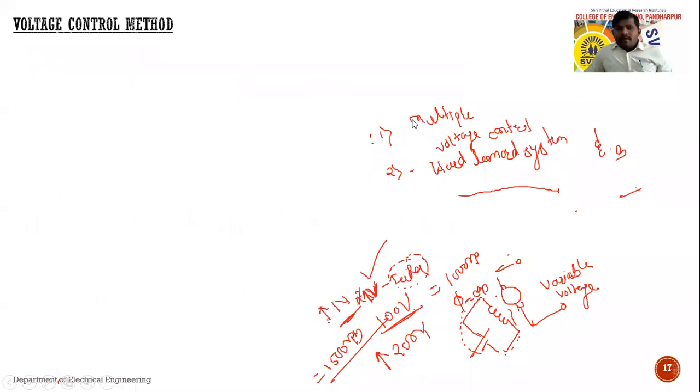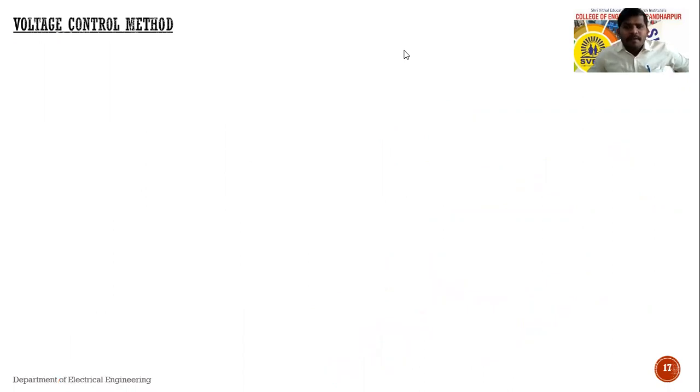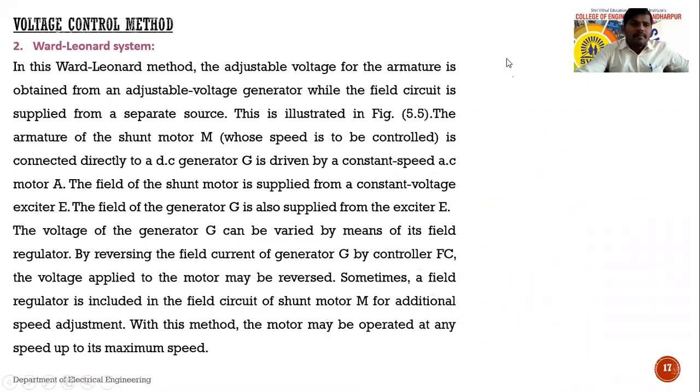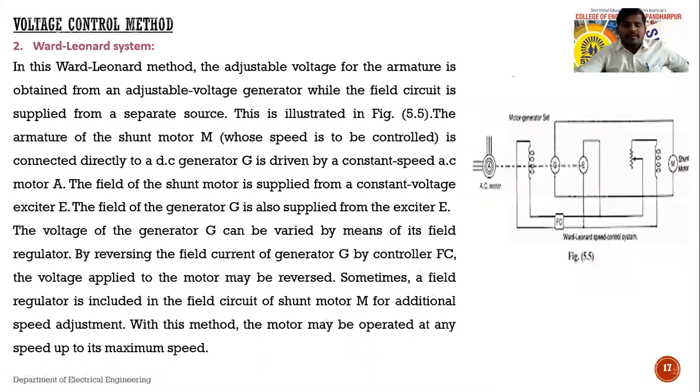Then the next type of speed control technique is very important and interesting. This is the Ward-Leonard system, speed control by using a Ward-Leonard system.